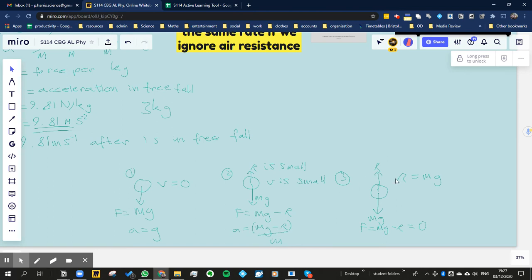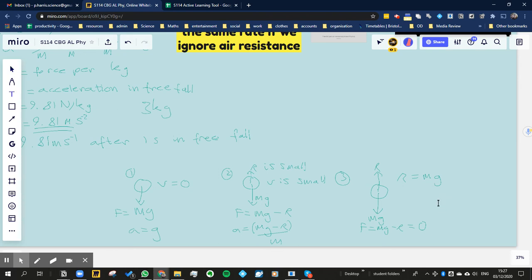Eventually, you're going to have a point where the air resistance is matching the weight. At that point, the resultant force is going to be 0, because you've got weight minus air resistance. The faster you go, the higher the air resistance.